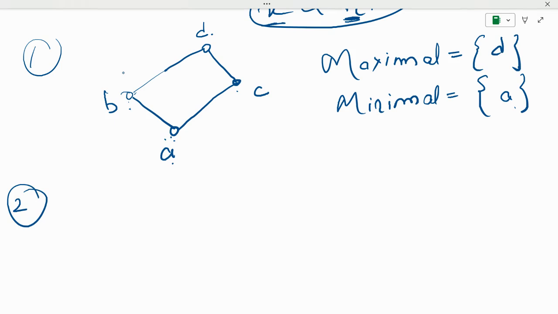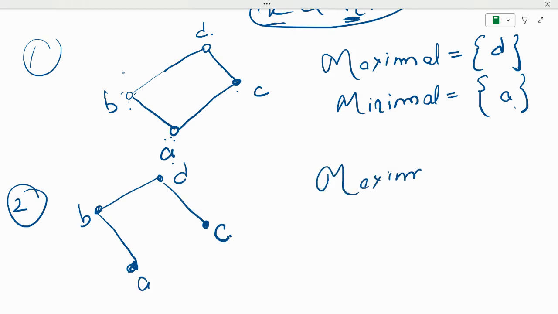That was a simple one. Let's see another example. We have A here, B here, D here, and C here, and we have to find the maximal and the minimal.